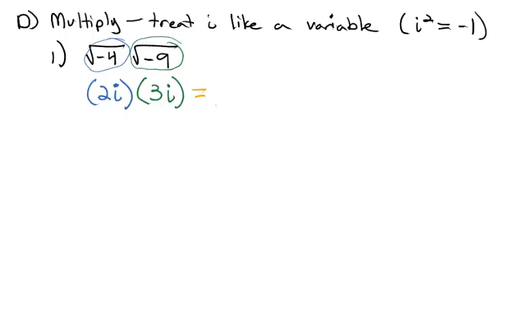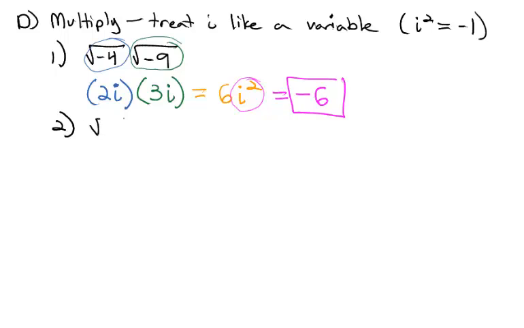So when we multiply these together, 2 times 3 is 6, and i times i is i squared. However, i squared is negative 1. Multiplying by negative 1 is going to change the sign on the problem, making it negative 6. 6 times negative 1. So that's the only change, is when we multiply by i squared, that's times negative 1.